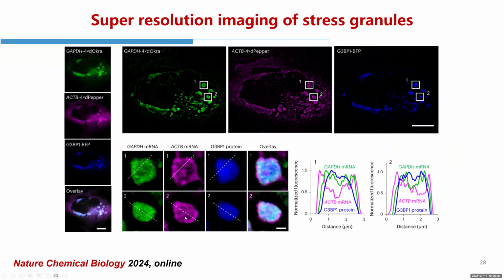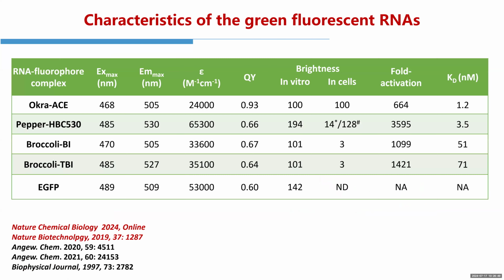This is the first time to study the detailed structure of a stress granule using RNA imaging. This is the table for the characteristics of green fluorescent RNAs available today. Indeed, Okra is superior in brightness and has very high affinity to its ligand.